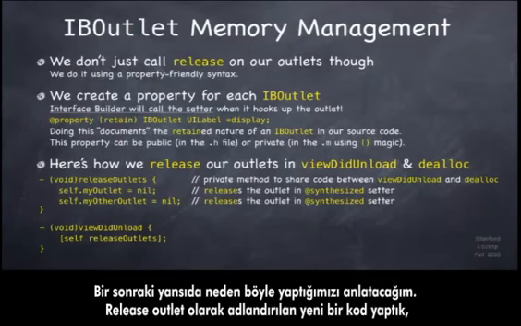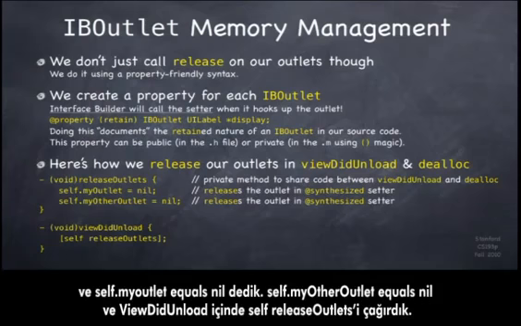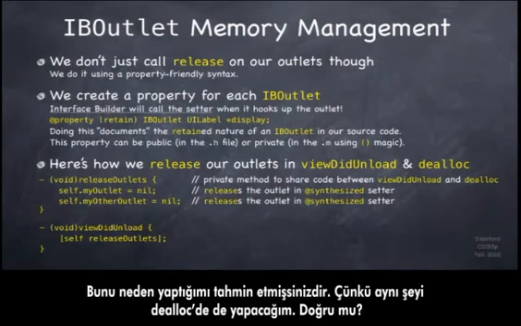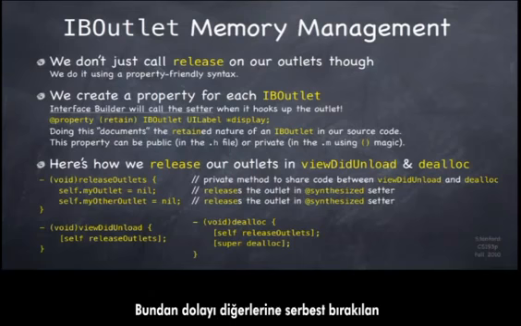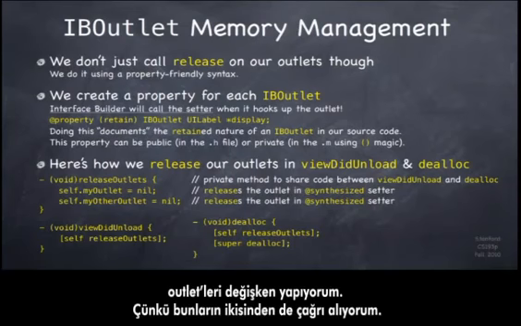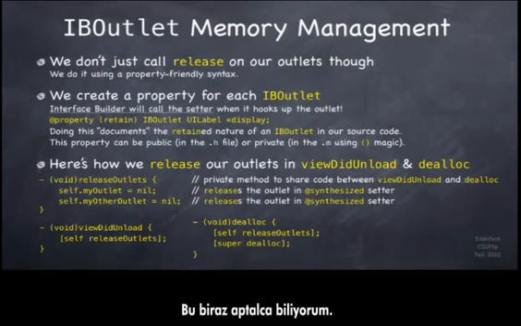But notice that I've factored out that code into a new private method called releaseOutlets, and I've said self.myOutlet equals nil, self.myOtherOutlet equals nil, and then in my viewDidUnload, I call [self releaseOutlets]. You can probably imagine why I've done that, because I have to do the same thing in dealloc, right? In dealloc, I have to say [self releaseOutlets] and then [super dealloc]. Okay? So that's why I always factor those outlet releases into another method, because I've got to call it from both these places. It's kind of silly, I know.